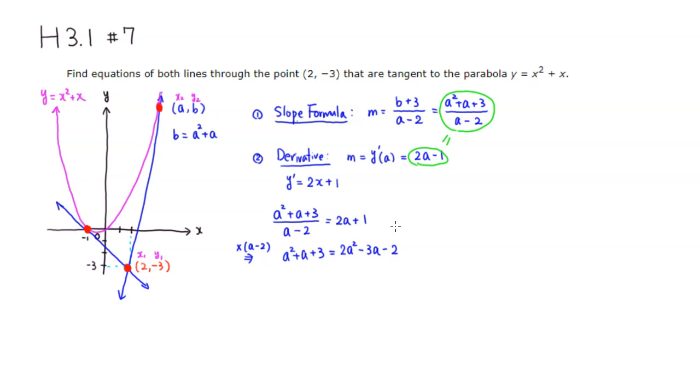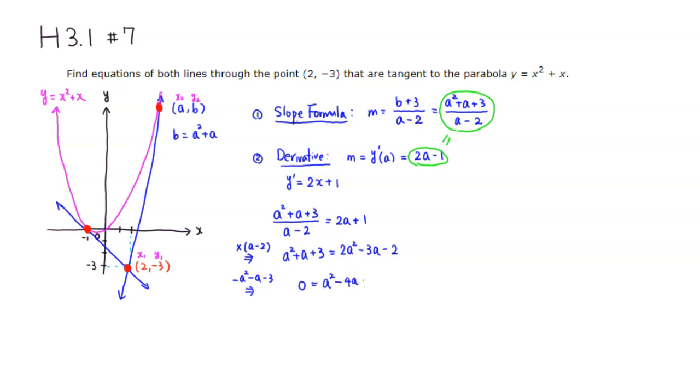Then I'm going to put all terms on the right-hand side. To do that, I subtract a^2, subtract a, and subtract 3, so that you have a 0 on this side. 2a^2 minus a^2 is 1a^2. Negative 3a minus a is negative 4a.